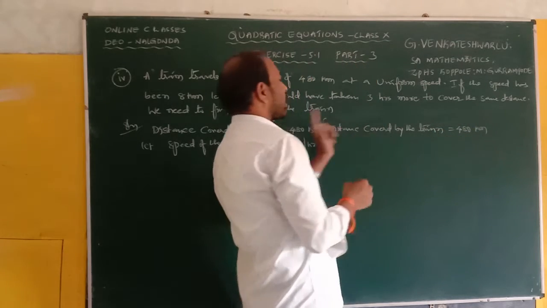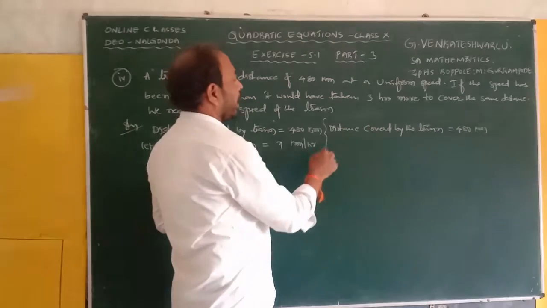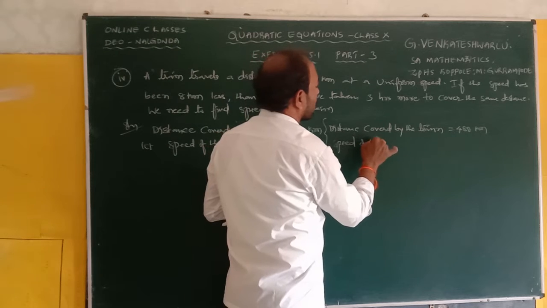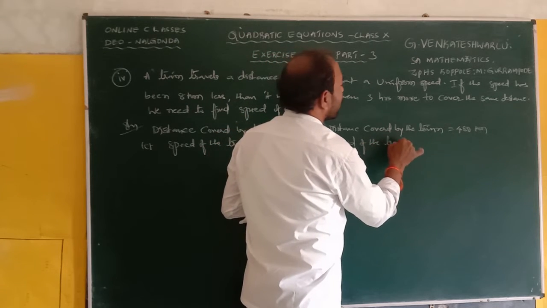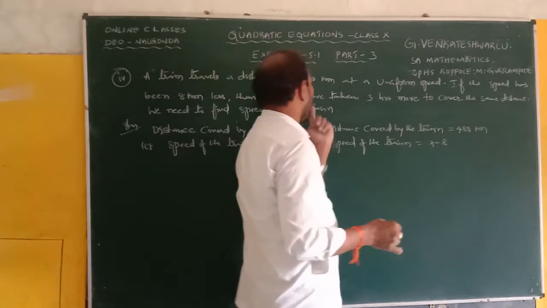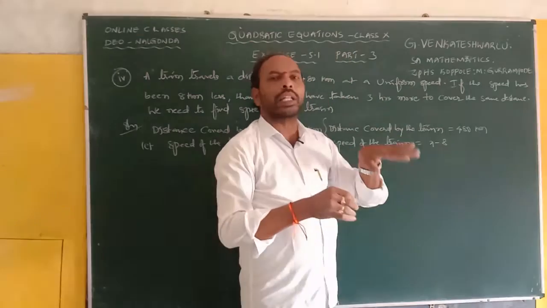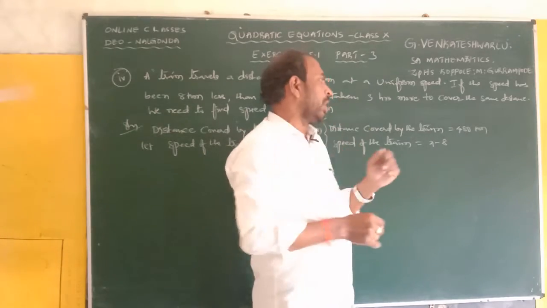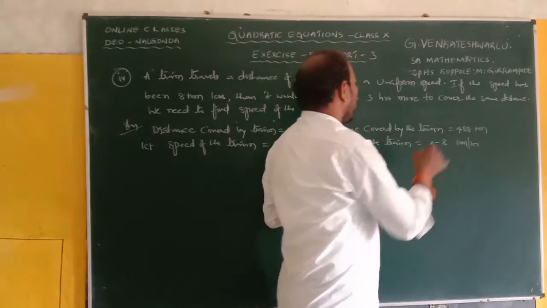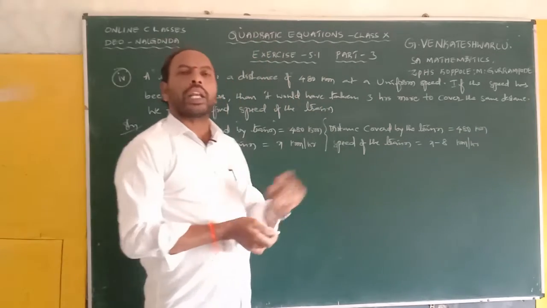Same distance in the first case and second case. And here in the second case, the speed of the train is 8 kilometers less than the previous speed. Previous speed kante 8 kilometers, ippudu emaindanna 8 kilometers per hour taggindi. So x minus 8 kilometer per hour. Here it is the speed of the train in the second case.